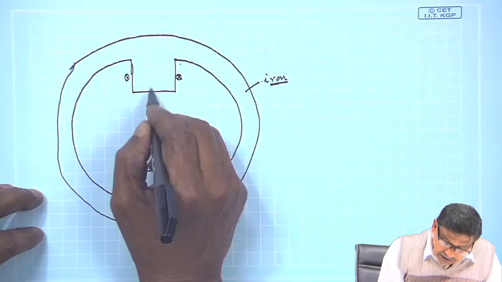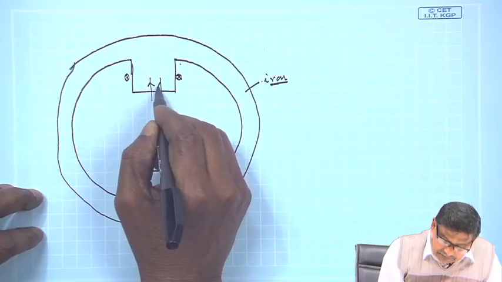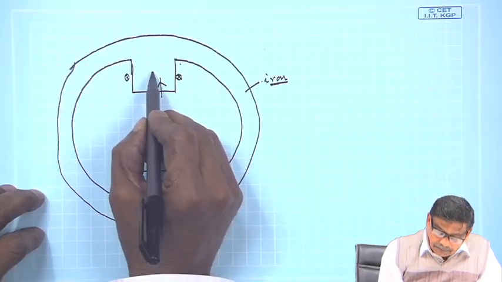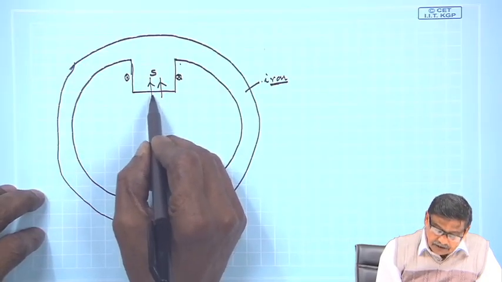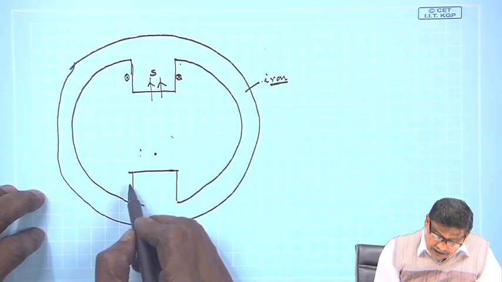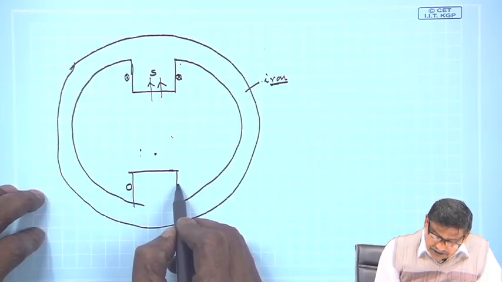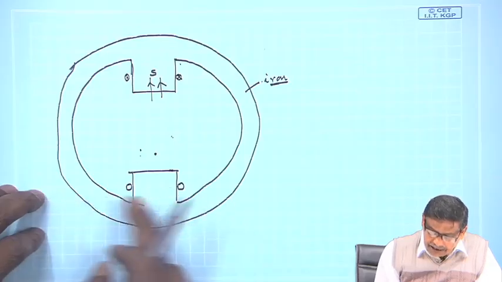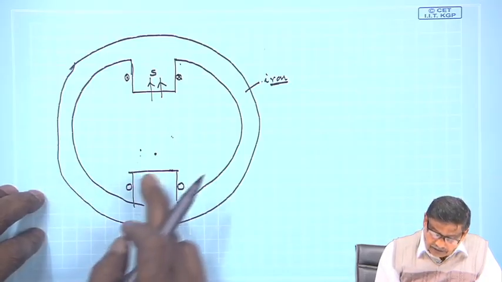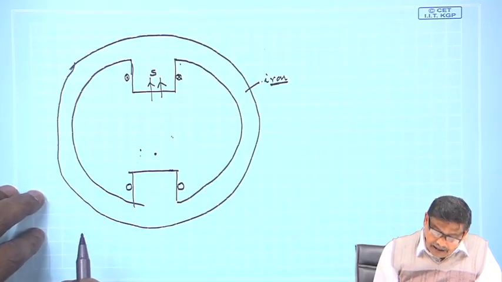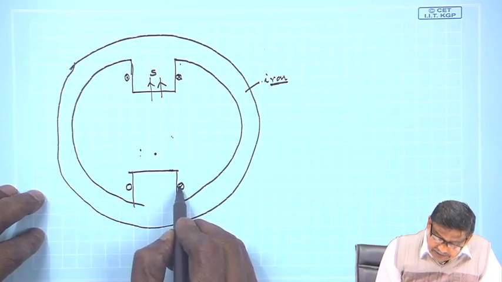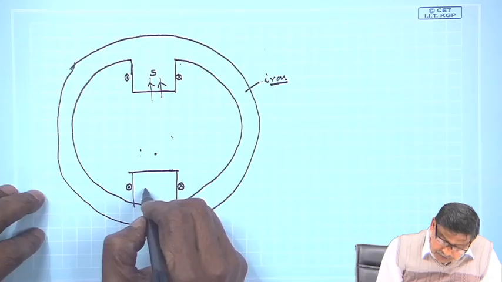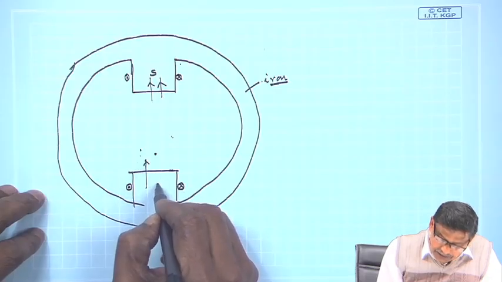So, lines of force will be like this. Therefore, this will behave like a south pole because flux lines are entering. Similarly, on the opposite side, in this projected pole, you wrap a coil around it and pass a current like this, cross dot. Then the lines of force which emanate from this will be like this.